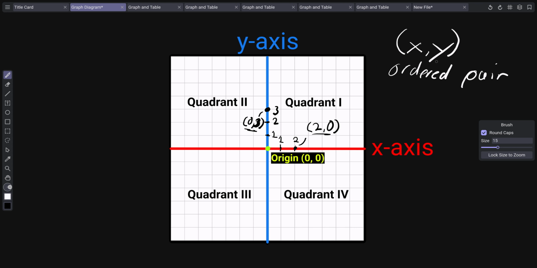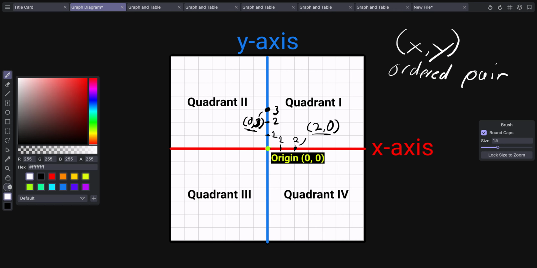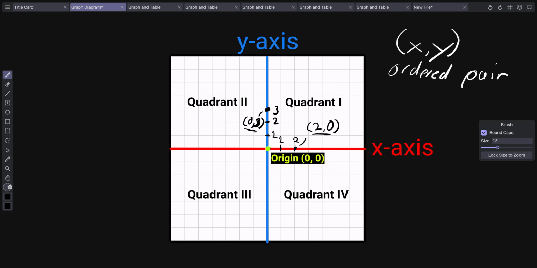Now, what if we tried to do something a little more complicated? Let's say we wanted to go a little further, right? Say we wanted to take, let's say, 1, 2, 3, 4, 5 steps to the right, and 1, 2, 3, 4, 5, 6 steps up, right?